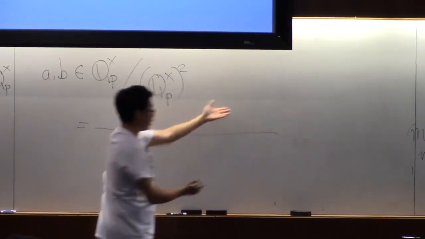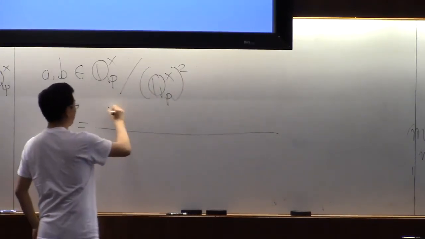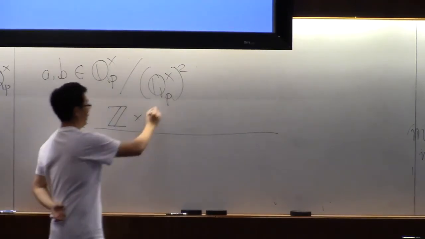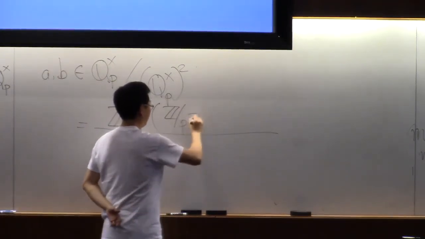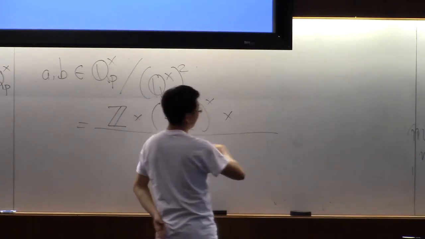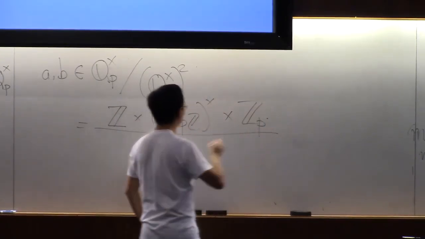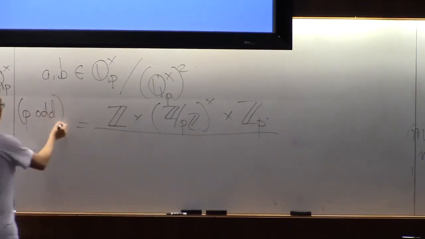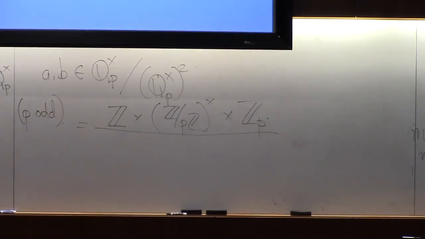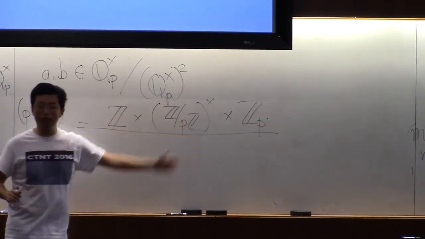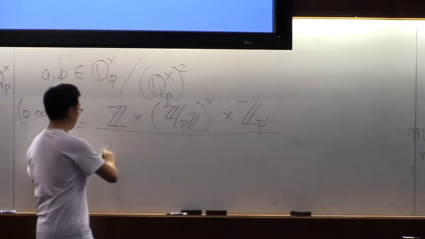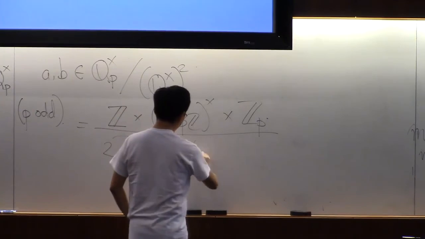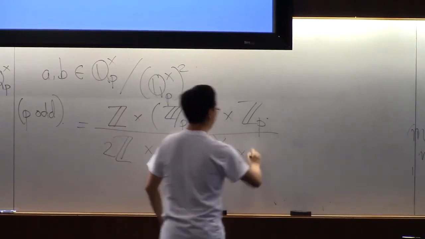Because by the equation I just erased, unfortunately, what do I have? QP cross as a multiplicative group is something I'm repeating, at least for p odd. For p equals 2, you have to make a small error. And now if I square this group, what do I get? I get 2Z plus the square of whatever the thing is, and 2Zp.